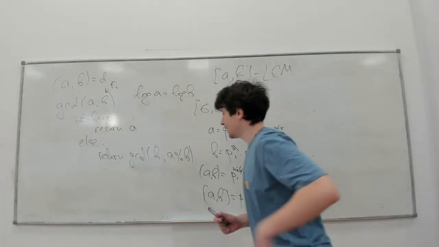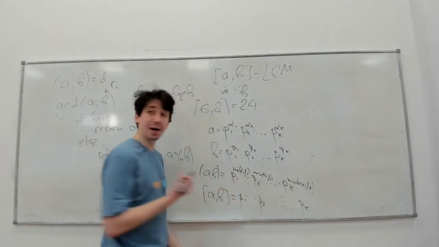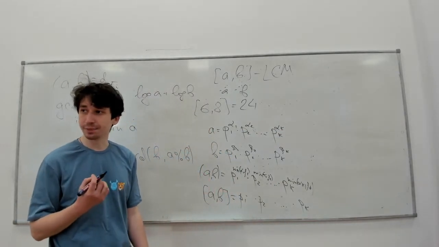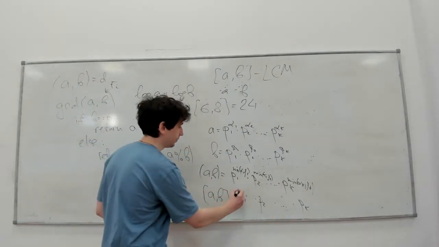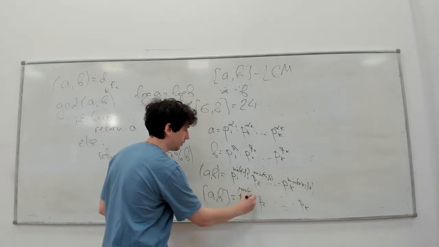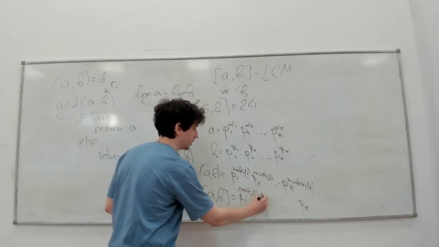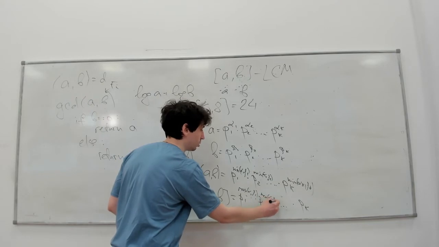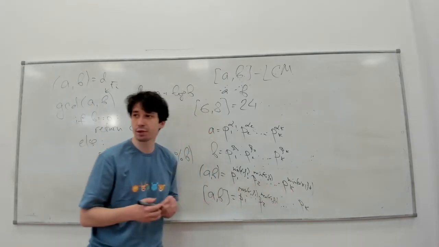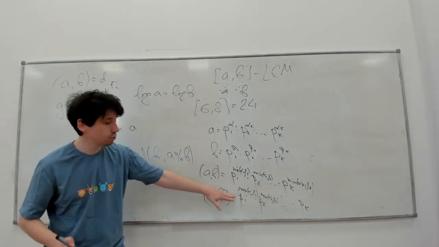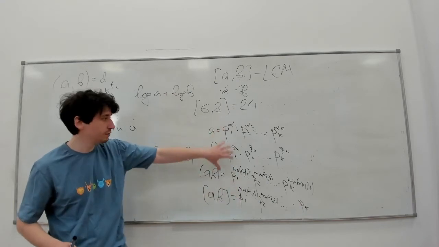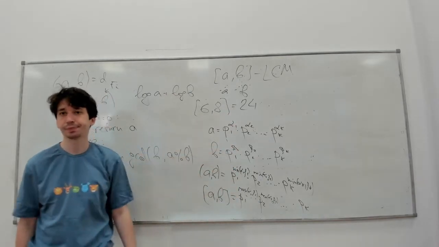The idea is that it should be the maximum of these two. So it is max of alpha 1, beta 1, max of alpha 2, beta 2, and so on. Instead of the minimum you have the maximum, because it has to be divisible by this power and this power.